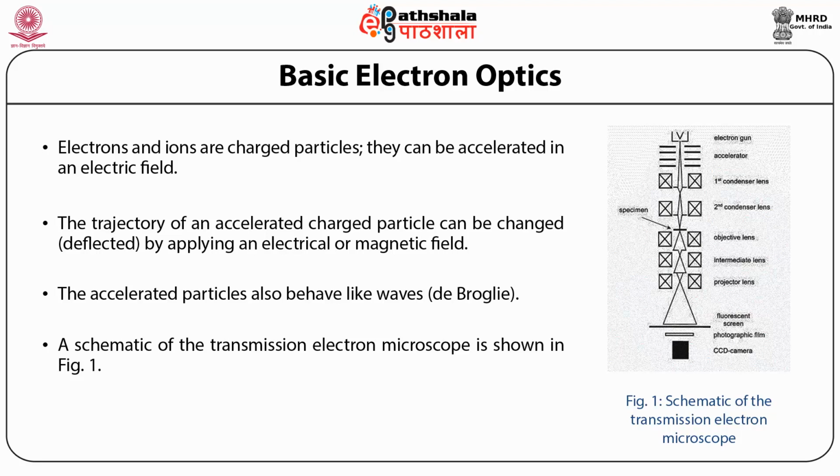Below the specimen are the objective lens, the intermediate lens, and finally the projector lens. The electron beam travels through all these lenses and the specimen and reaches the fluorescent screen. Below the fluorescent screen is the photographic film, and below it is the CCD camera.